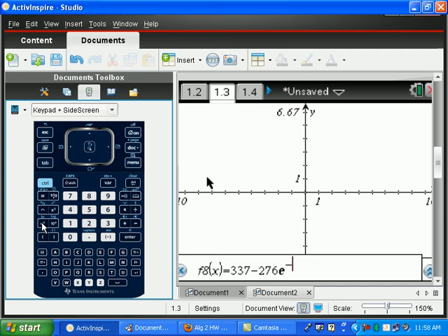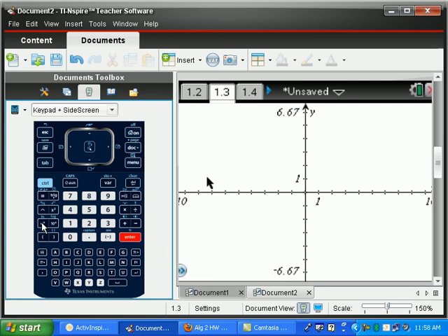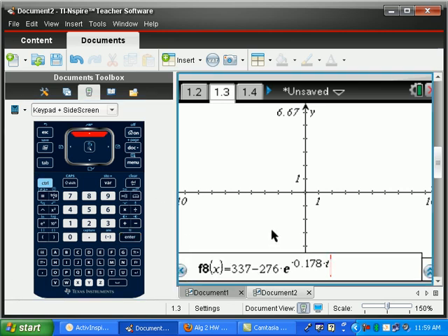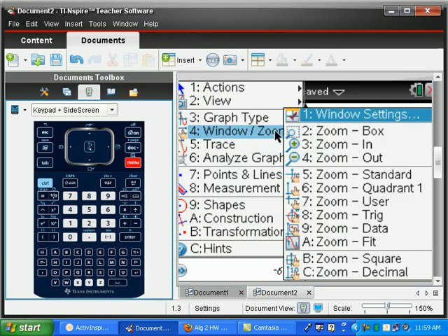And of course, we don't see anything because that would be too easy. And I should put an x. Thank you. And now I see something, but it's not really useful. So let's go menu, window zoom, zoom out. Oh, there we go. That's kind of interesting.